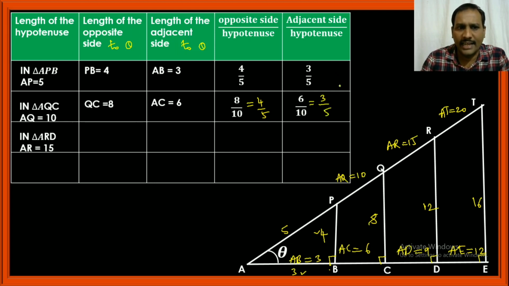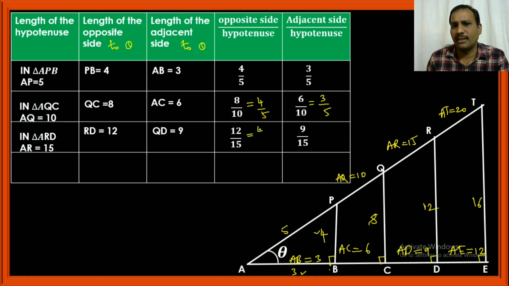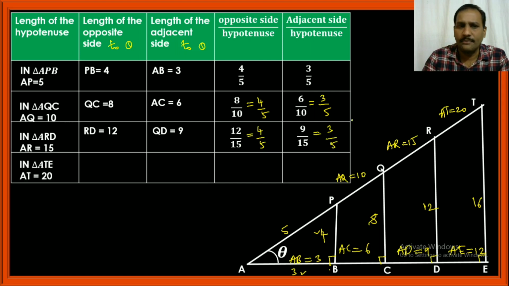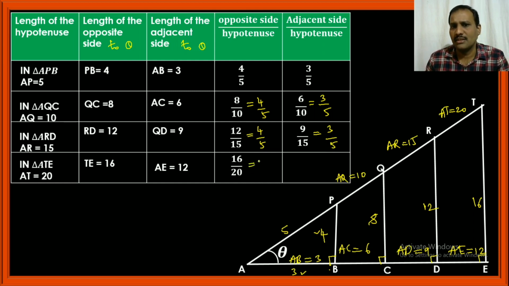Now next triangle ARD, same, take opposite side and adjacent side and take the ratios and simplify. 12 by 15, that is 4 by 5, and here 9 by 15, that is 3 by 5. Next take triangle ATE, same opposite side and adjacent side and take the ratios. This is 4 by 5 and here it is 3 by 5 again.